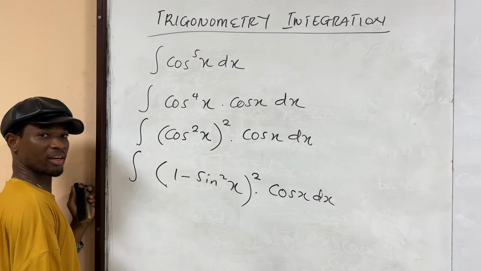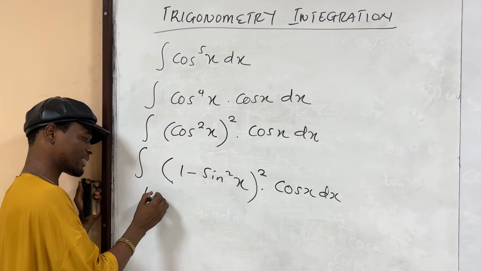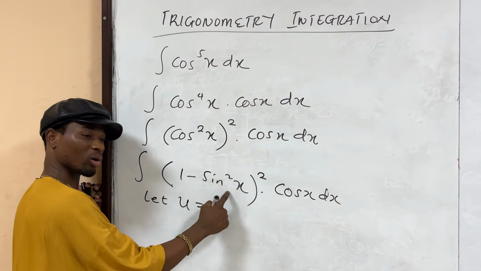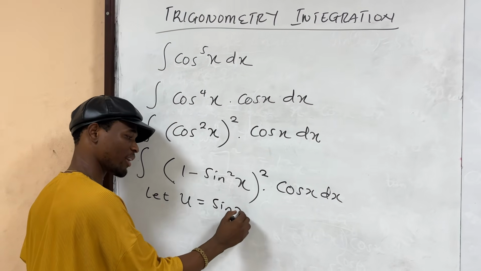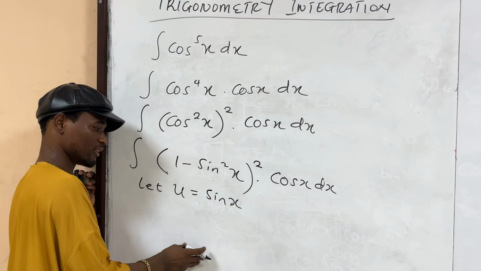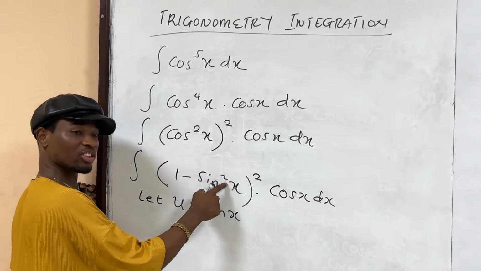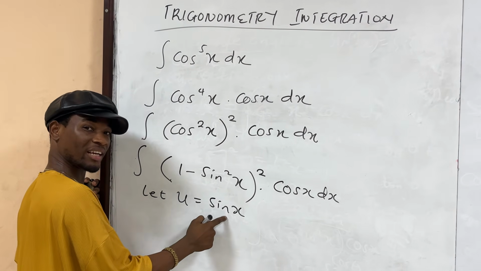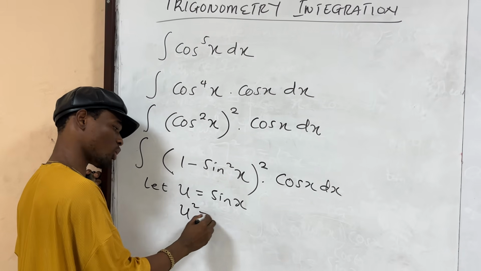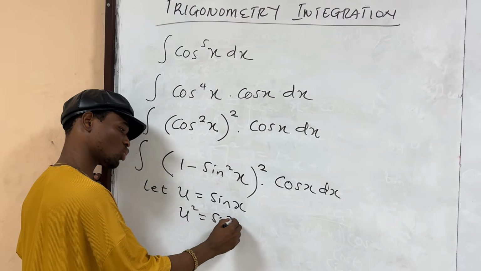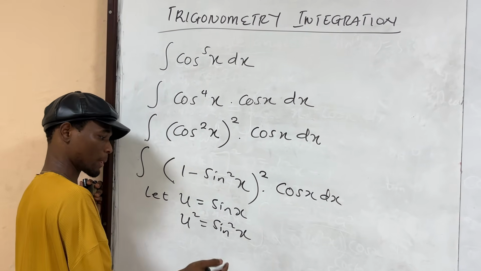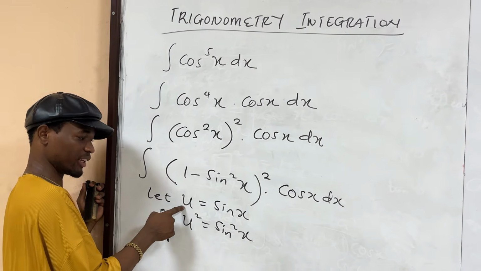So what can we do from here? We say let u be equal to sine of the angle x. So I have sine squared, which means I have to square the sine here, so u squared is equal to sine squared x. Let's differentiate this function.